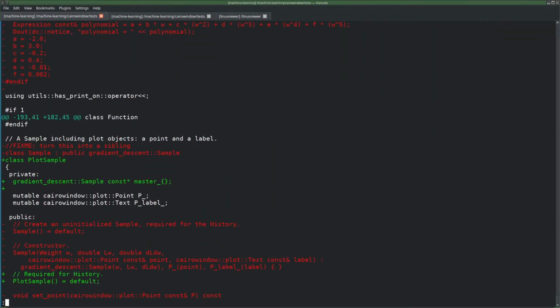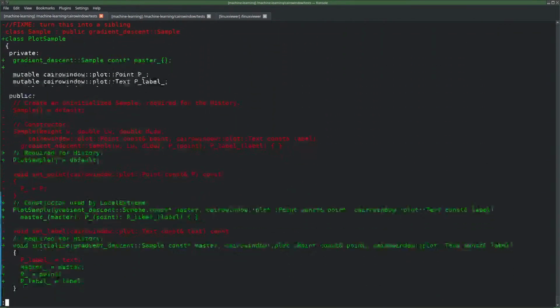What file is this? Oh, it's just a test file.